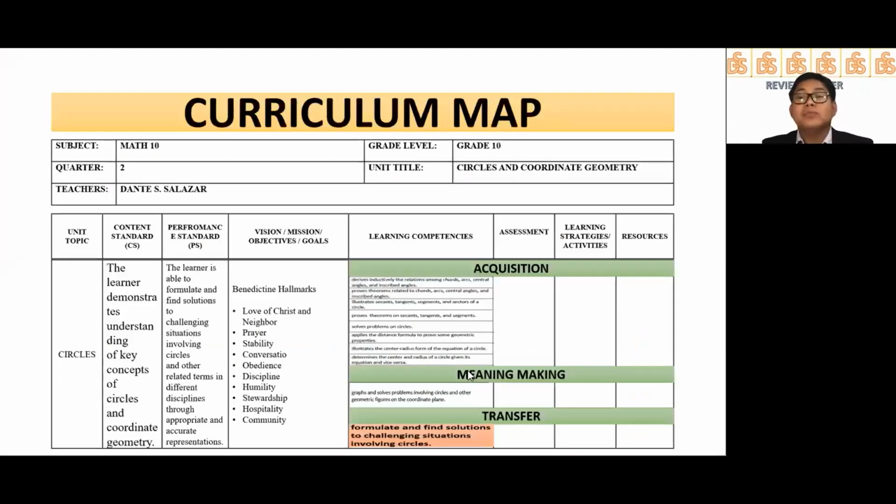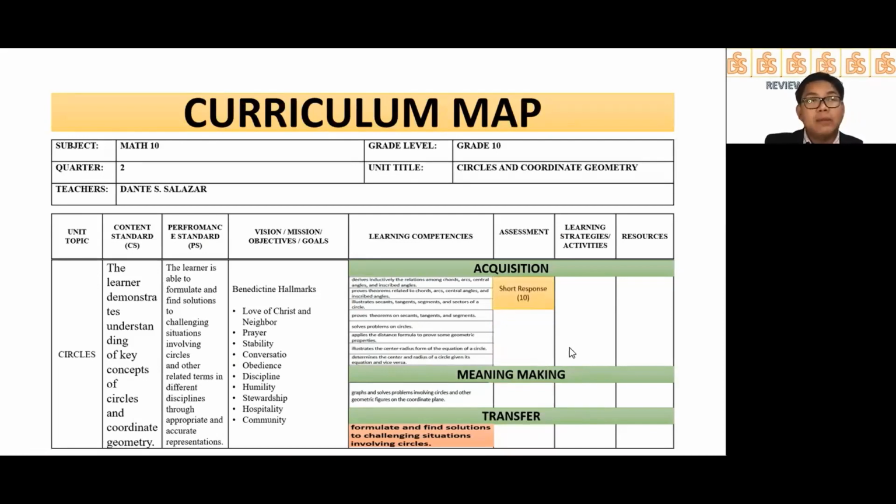Okay, now, since we have already identified competencies for A, for M, and for T, it is now easier for us to choose assessment that are related and associated with AMT. So, yung mga objective type of test natin, those are related to acquisition, such as short response.